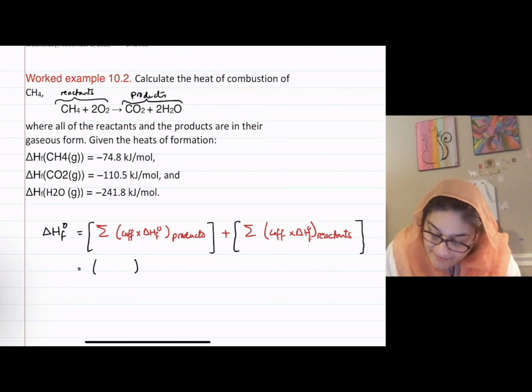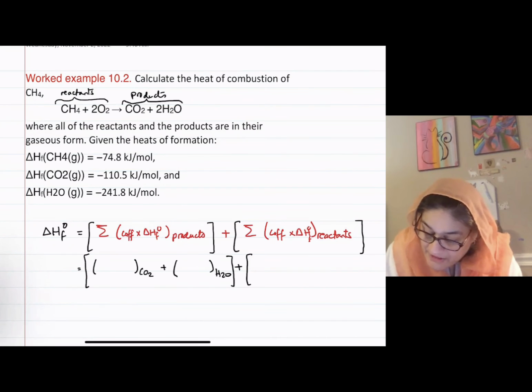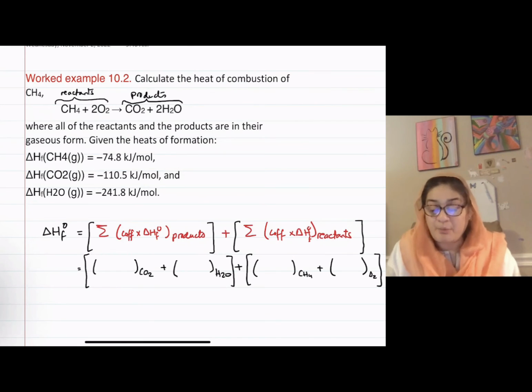So what are the products I have? I have CO2 and H2O. And the reactants? I have CH4 plus O2. Now, what do I mean by coefficient?